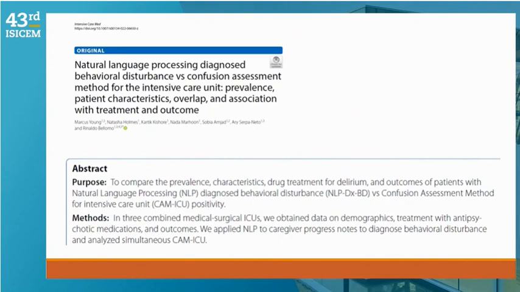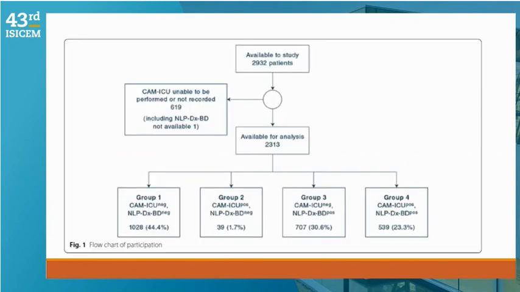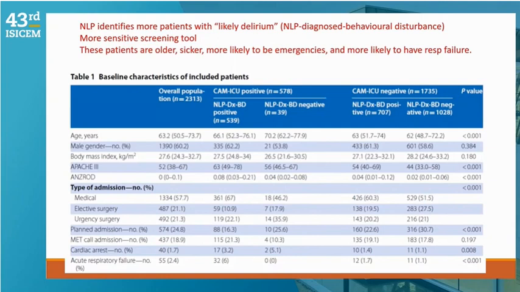Then you've got all of that, and you can use natural language processing to go and look for these words and study what's going on in the intensive care by looking at cohorts of patients and trying to come up with an understanding of what information you can get. And that's what we've done. We published that in Intensive Care Medicine, and you can divide patients into those with natural language processing diagnosed delirium or behavioral disturbance, NLP-DxBD, versus those that were identified as having possible delirium using CAM-ICU.